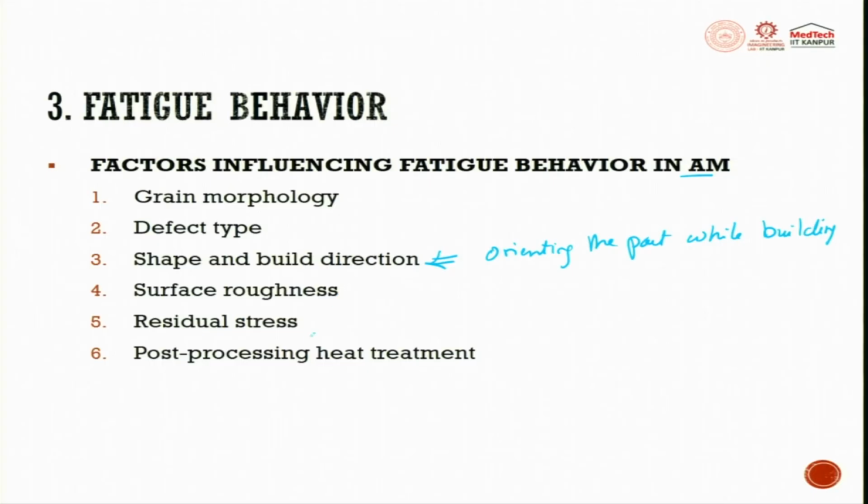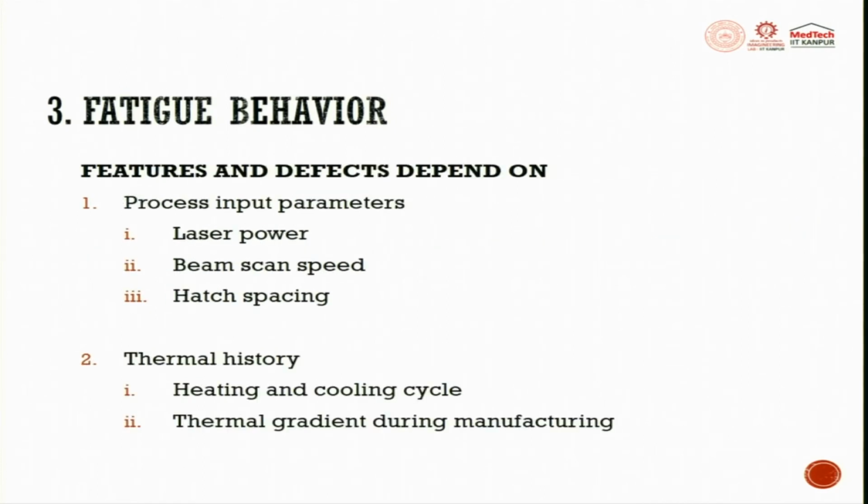Then surface roughness, residual stresses, post processing, heat treatment, all these things play a very important role. Grain morphology, defect types, shape and build direction, surface roughness, residual stress and post processing heat treatment, all these things influence the fatigue behavior of an additive manufactured part.